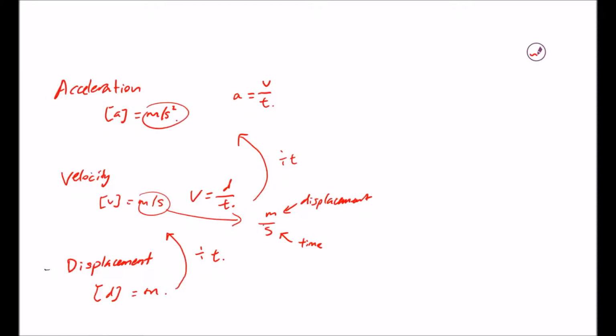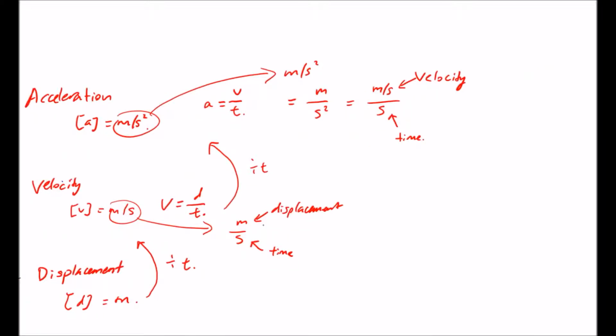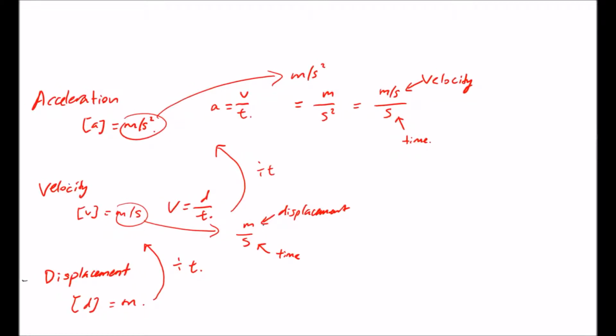If you look at acceleration, meter per second squared can be rewritten as meter per second over second. The numerator is velocity and the denominator is time. So again, just by looking at the units, you know that acceleration is a measurement of the rate of change of velocity, how fast velocity changes with time. This is just some info for you to bring everything together.